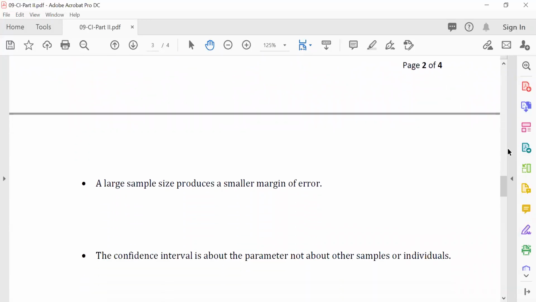Another thing is that the sample size doesn't influence the confidence either. A large sample size does produce a smaller margin of error. We talked about that when we introduced the Z confidence interval, but it doesn't influence the confidence.